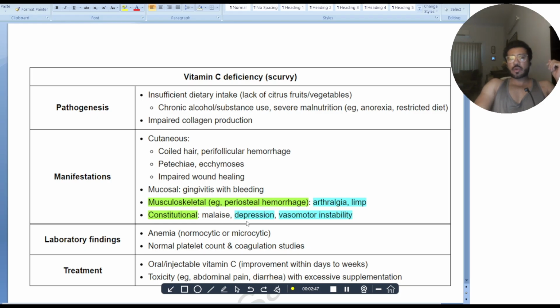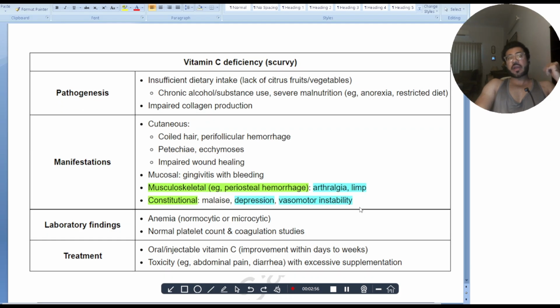So other ones include depression, vasomotor instability. What's the most important thing I would like to point out here is that the question they gave, which I got incorrect, was the following, where the manifestations were just arthralgia, limp, depression, and vasomotor instability, and the diet was mentioned as well. So one of the most important ways you'll be able to diagnose is by the diet.